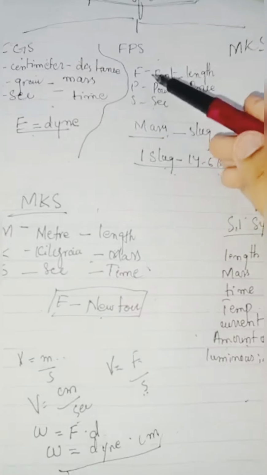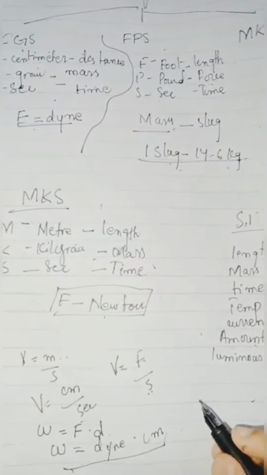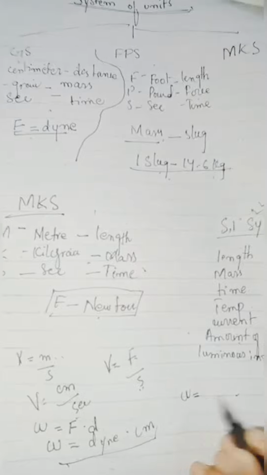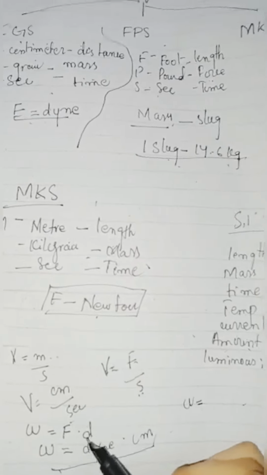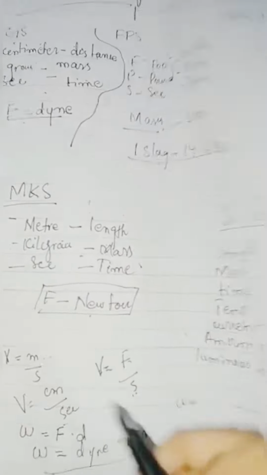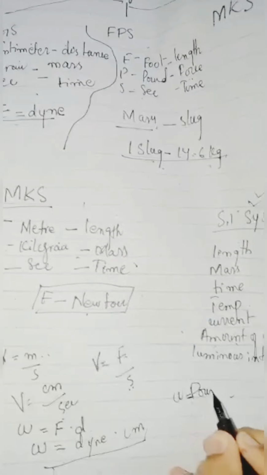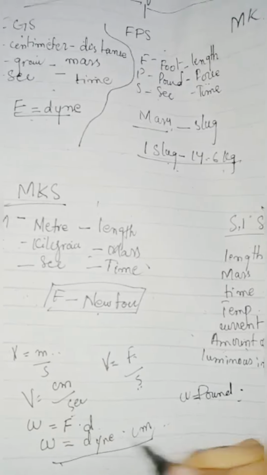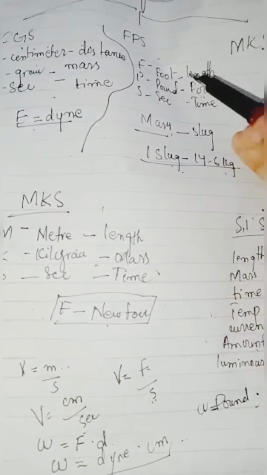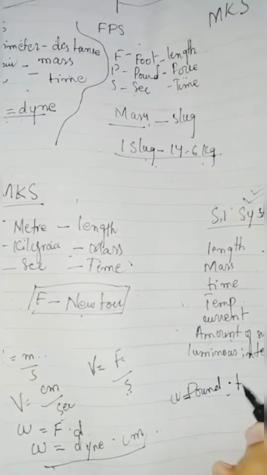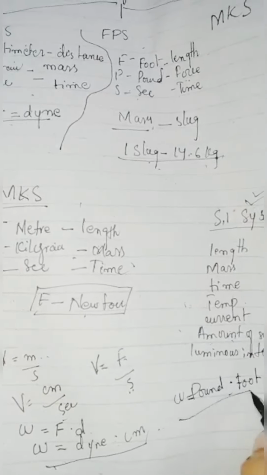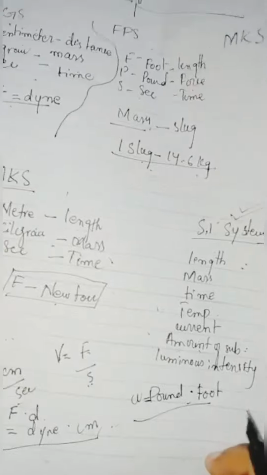In FPS system, work is equal to force into distance, where force is pound and distance is length, whose unit is foot. So the unit of work will be pound into foot.